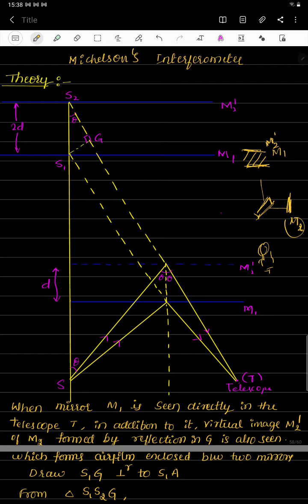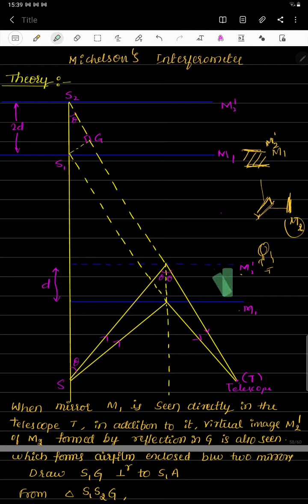Now look at this diagram. M1 is the mirror and M2 dash is the virtual mirror, the virtual image formed of mirror M2 because of the glass plate G. In between M1 and M2 dash there will be this air film.